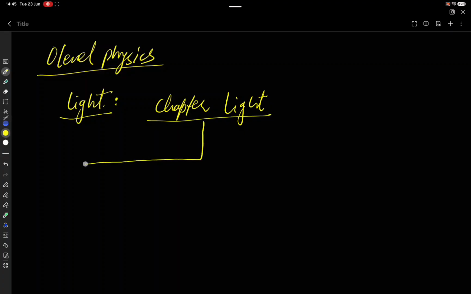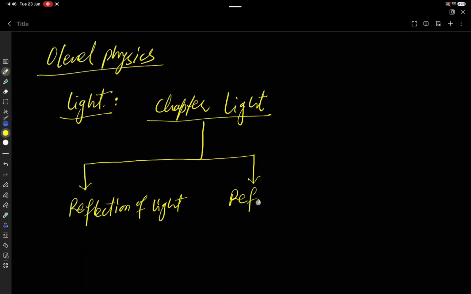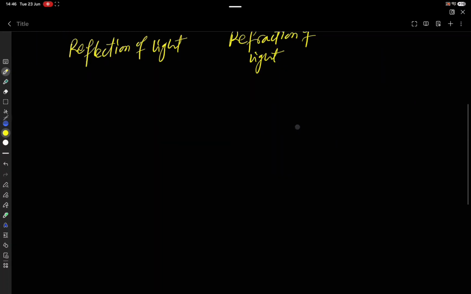The first part is related to reflection of light. The second part is related to refraction of light. And the third part is related to lenses. Today we have to discuss the first part, reflection of light.